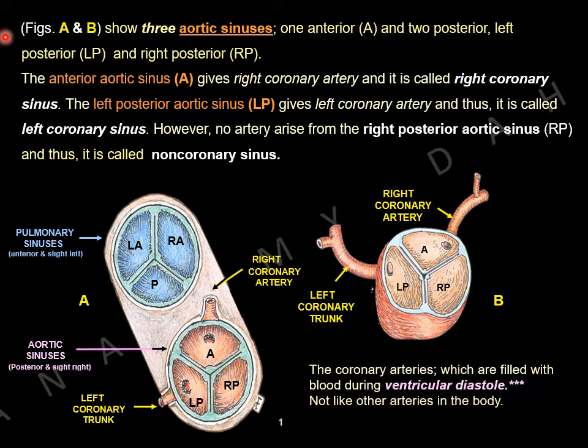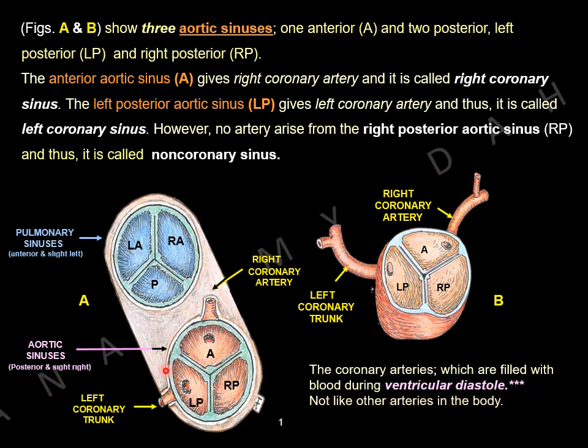We are showing two diagrams in this slide, A and B. Both are seen from above, the superior view. In diagram A, this is the aortic opening. In front and slightly to its left is the pulmonary opening.